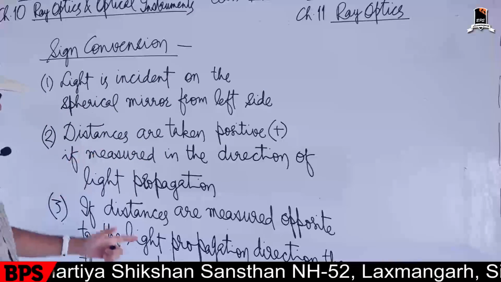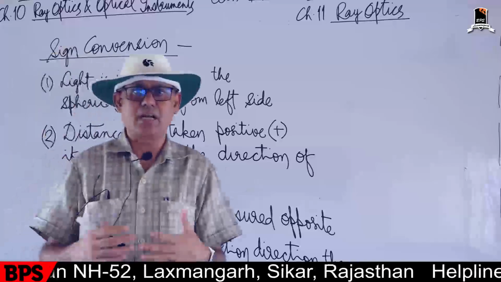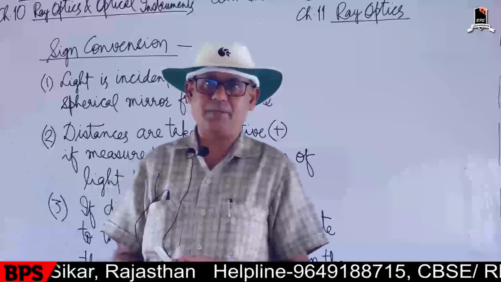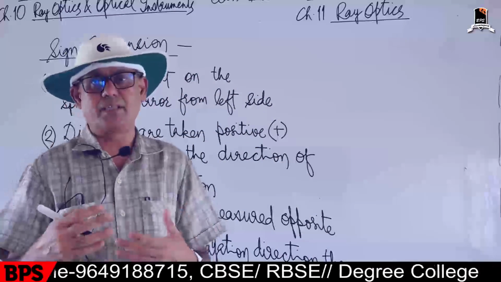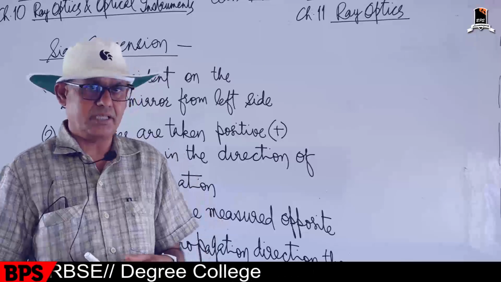So, positive and negative are coinciding with the Cartesian coordinate system, if we consider the principal axis of the mirror is coinciding with the x-axis of the Cartesian coordinate system.